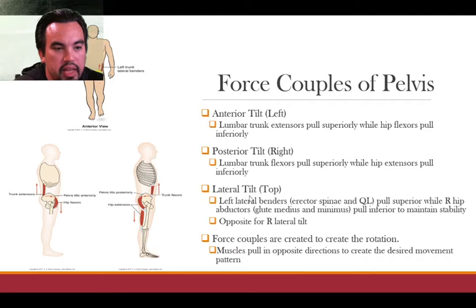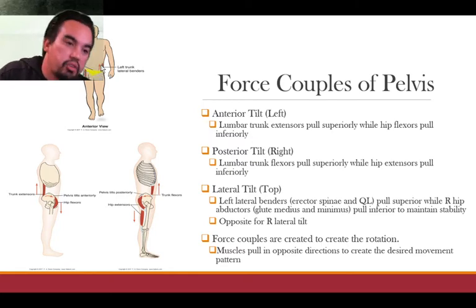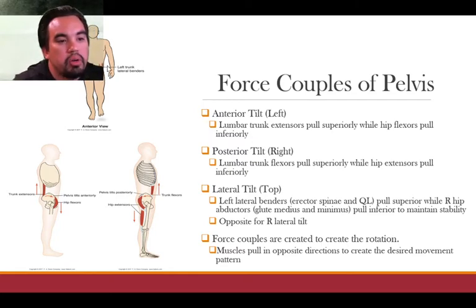And then as we look at the lateral tilt, we have the right hip abductors squeezing inferiorly, while the left trunk lateral benders, so the ones that do these side crunches, pull superiorly. And that's what we get here to maintain our level pelvis. Okay, in this picture he's not level because he's walking, but just imagine what would happen if these were not functioning. The pelvis would just fall and we would fall to the ground as we walk.